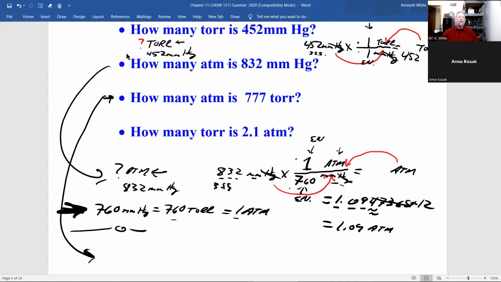First of all, what are you being asked to find and what are you given? The question reads, how many atmospheres is 777 torr? So when you figure out what you are asked to find and what you are given, give me a thumbs up.